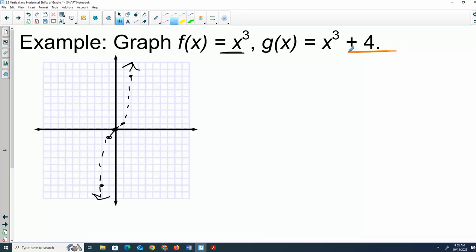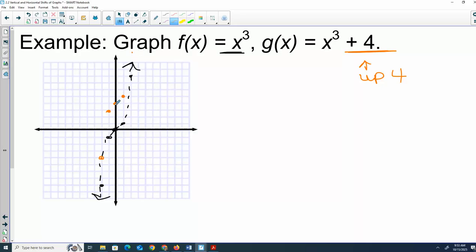What would a plus 4 on the end do to my graph? So I'm going to take each point that I just plotted and move them up 4. So outside is y, does what it says. I'm just taking each point, sliding them up 4.